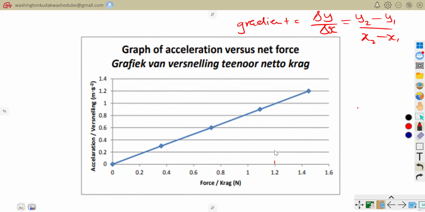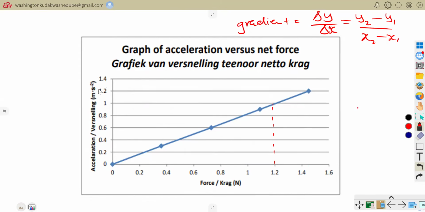Let me use 1.2. I'm sure this graph, at some point in time, it's inverted. They were supposed to have 1.45 against 1.2, but here they're having 1.2 against 1.45. Oh, yes.